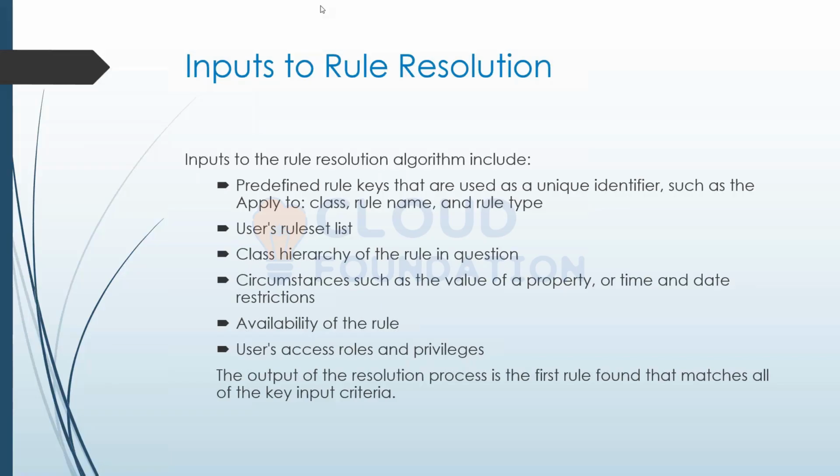Then the rule type, the rule name, its version. And then in case there are any circumstances relating to that particular rule. Then the availability of the rule, then the user's privilege. Considering all these things, the system is going to find out the most appropriate rule for your given context, which matches all of your inputs regarding the RR.